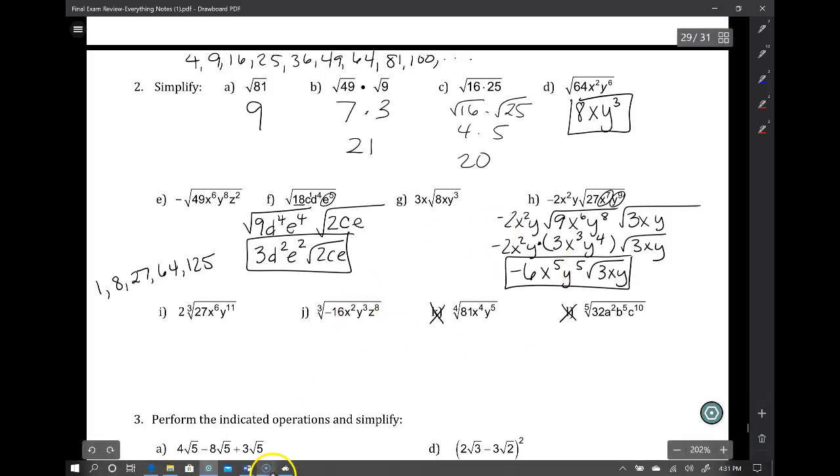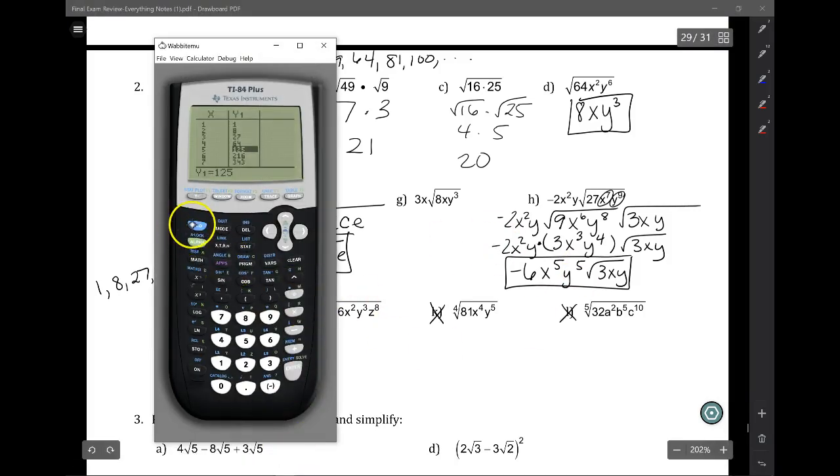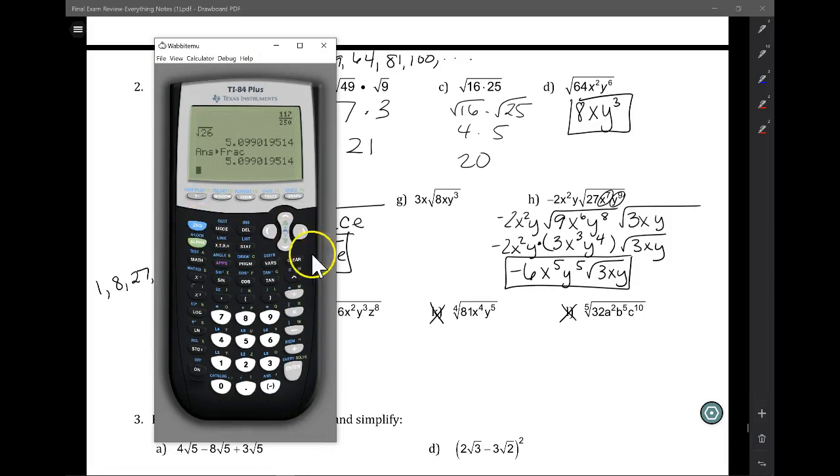Now, what's interesting is you can't take the square root of a negative. So if I tried to take the square root of a negative 4, my calculator actually would say that there's an error with that. It's not real. But if I do math option 4, and I take the cube root of negative 8, I actually can.